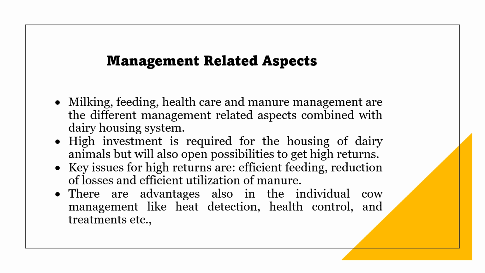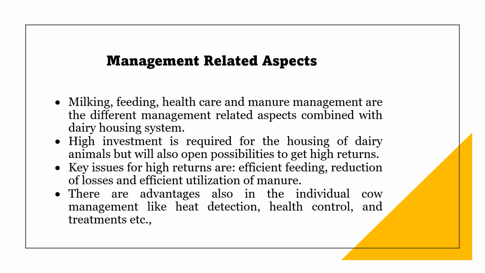There are other management related aspects that should be taken care of along with dairy housing system. They are milking, feeding, healthcare and manure management. High investment is required for the housing of dairy animals, but it will also open possibilities to get high returns.